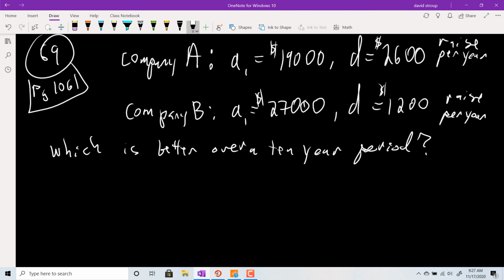Starting with a sub 1 for company A. So let's do company A first. a sub 1 is 19,000. And then a sub 2 is 19,000 plus 2,600, whatever that is.